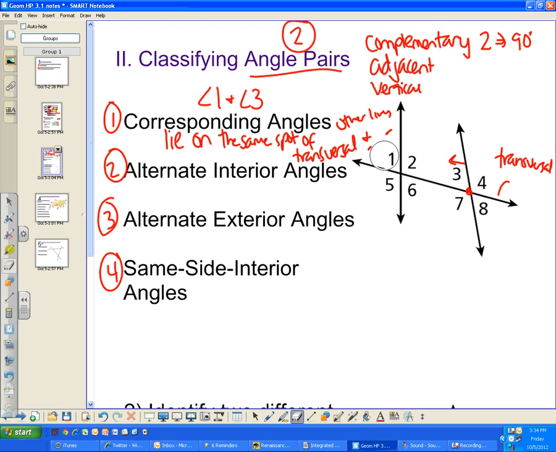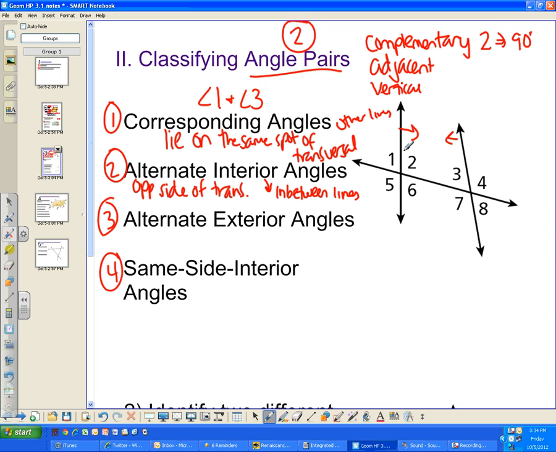Alternate interior angles. Alternate means they're on the opposite side of the transversal, and interior means they're in between the other lines. They have to be inside these lines; these are inside the lines, and these are outside the lines.